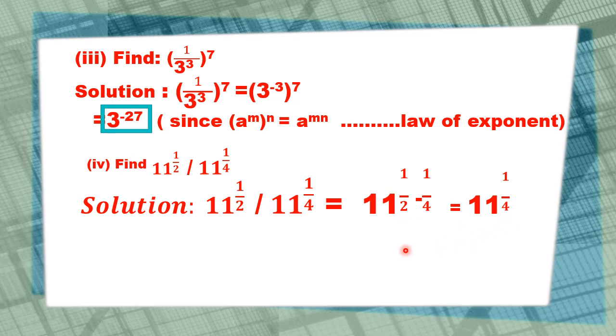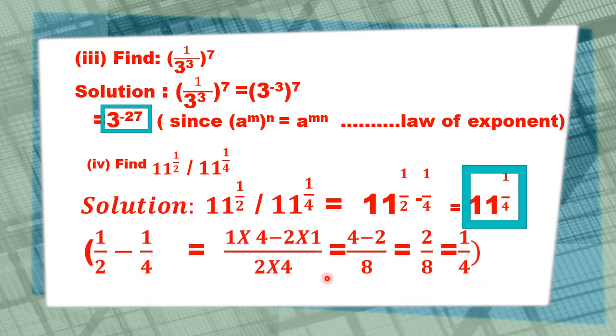Let's see how we are taking the LCM of the denominator. You are familiar with taking LCM, so I need not explain how to take LCM. And we got the result 11 raised to 1 upon 4.